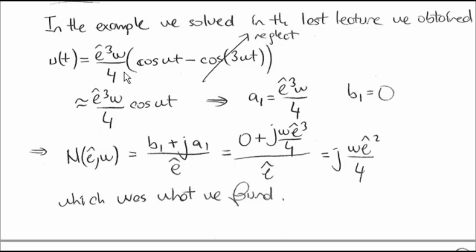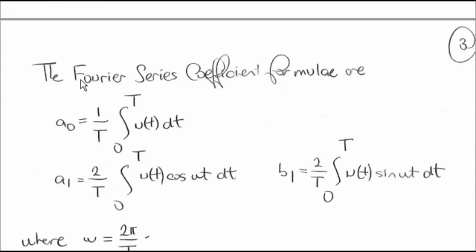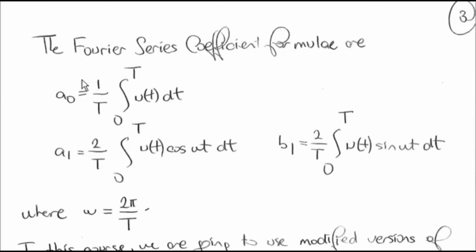Remember, we have reached this result in the example by making analytical trigonometric manipulations on the output U of t. So this is not possible in general. What we're going to do in general is to use the Fourier series coefficient formula. So in general, if you would like to calculate the Fourier series coefficients of a periodic function, you can use this type of formula.